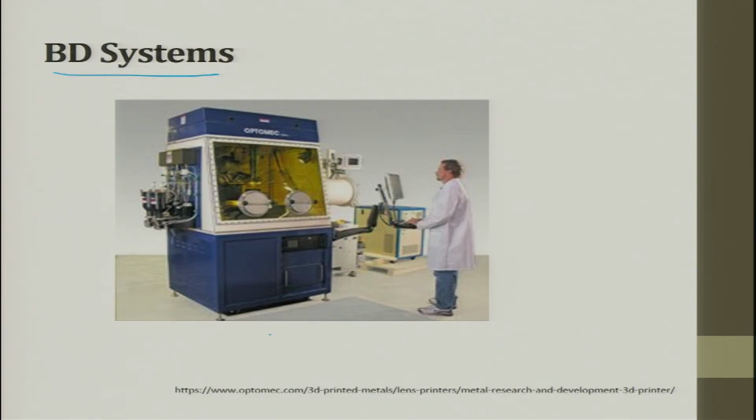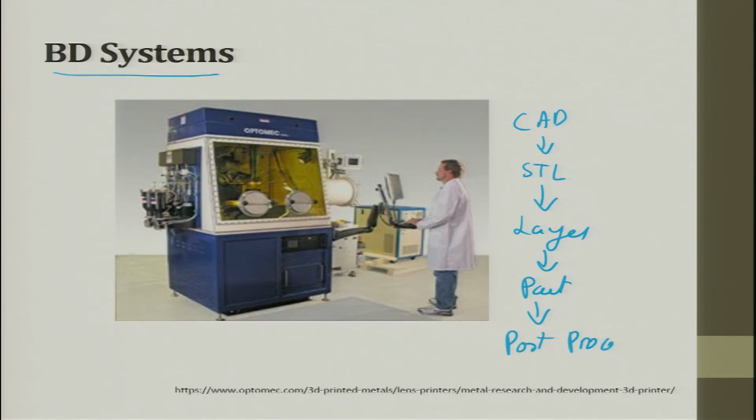So, this is how the entire system looks like, and you have the CAD fed here. So, the CAD is converted. So, CAD to STL, STL to layer, layer to part to post process is done in this machine. So, CAD, STL, layer cutting is done, and then it is fed to the machine.